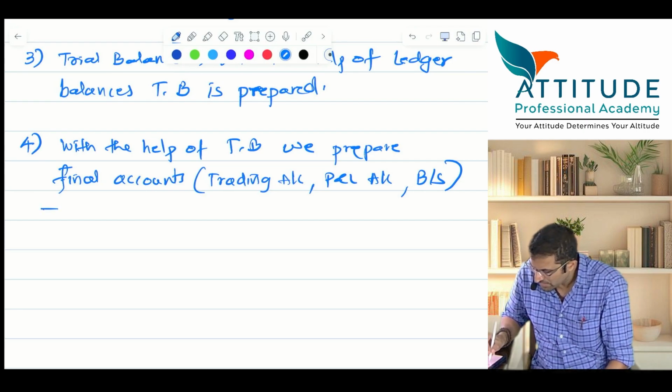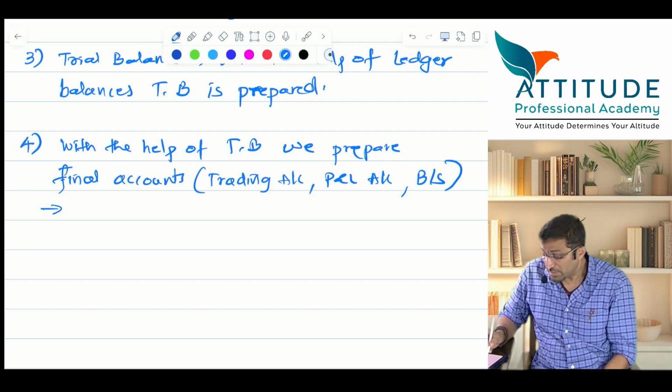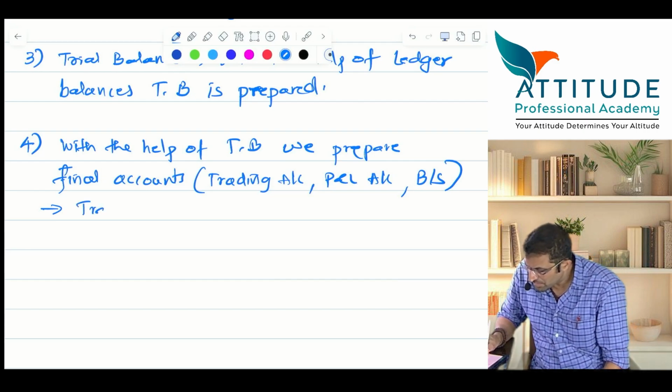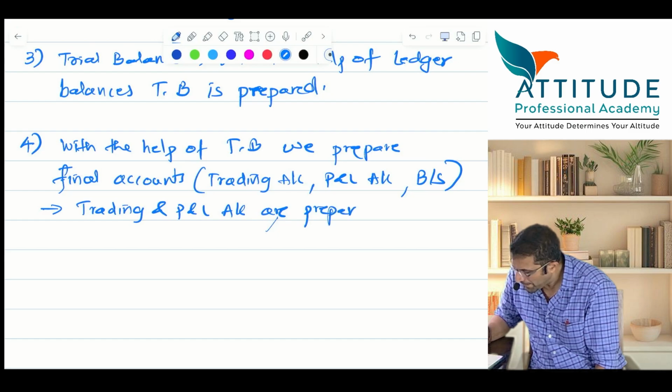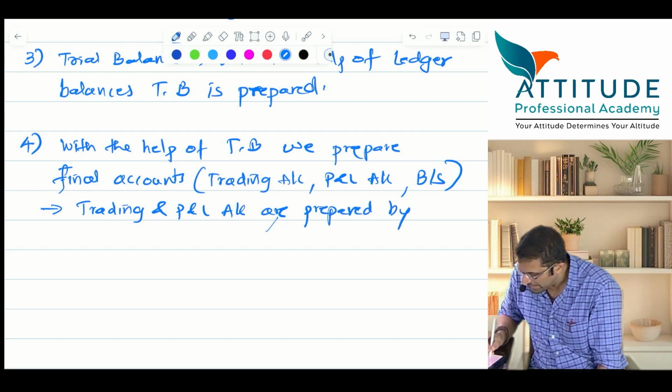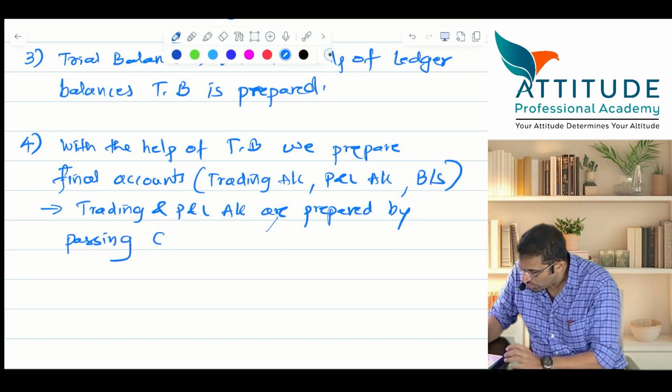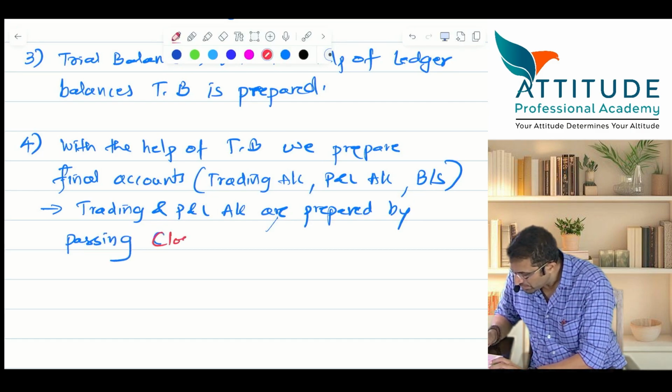Now in this, the trading and profit and loss accounts are prepared by passing closing journal entries.